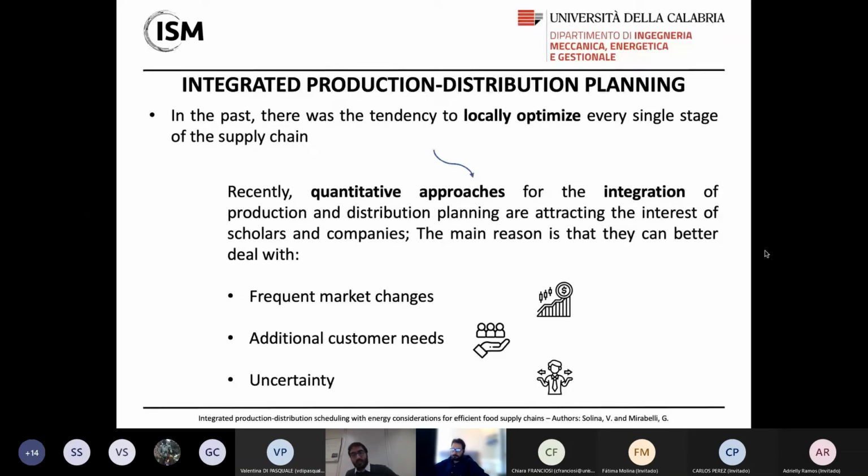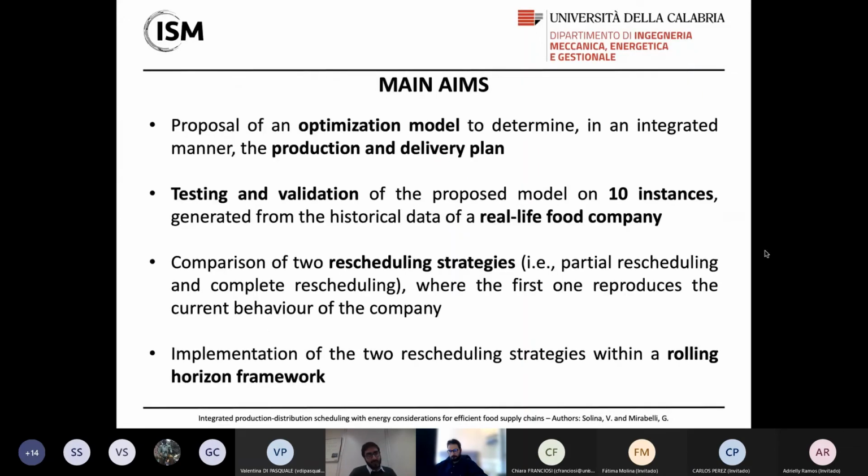And in general, quantitative approaches like these are useful to face the uncertainty typical of the supply chain. And then our main aims are summed up in this slide.